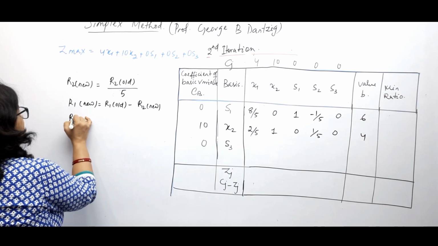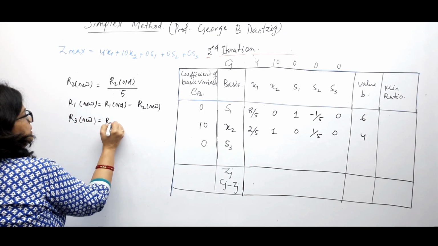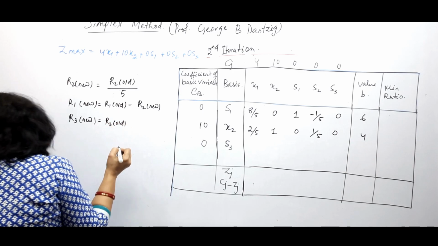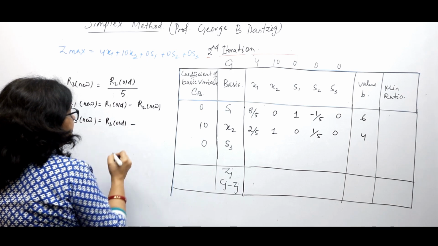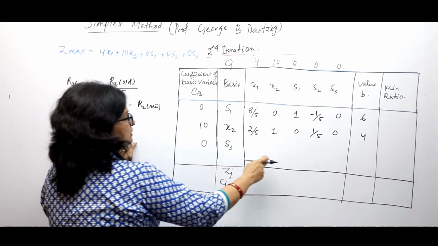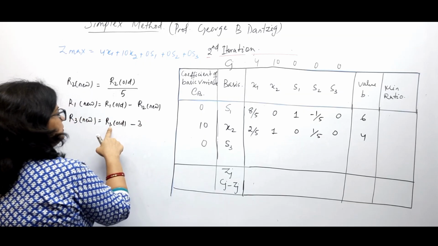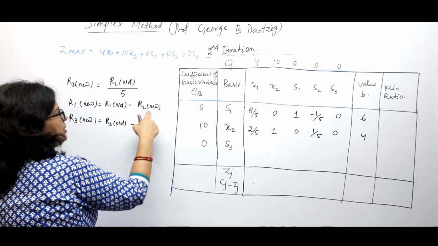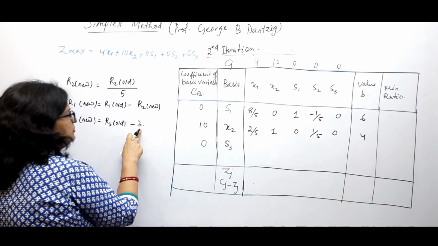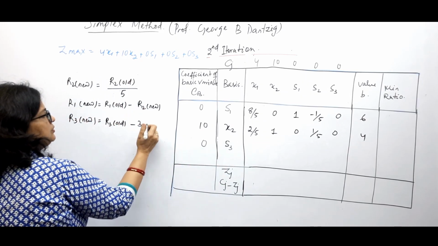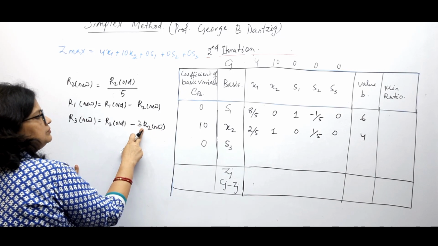We can write R3 new equal to R3 old minus, R3 old we are having 3 here, so 3 minus 3 into R2 new. R2 new we are having 1 here. So if you multiply 3 into R2 new, then we'll have 3 here.